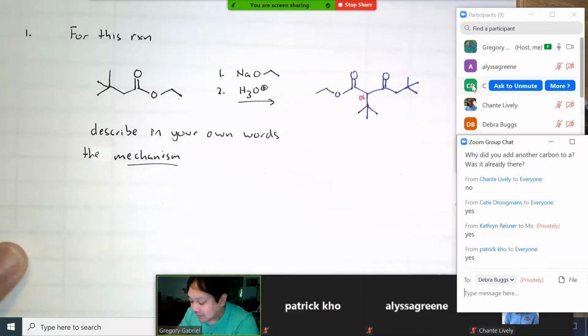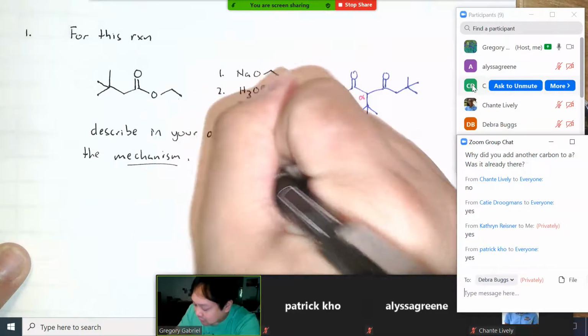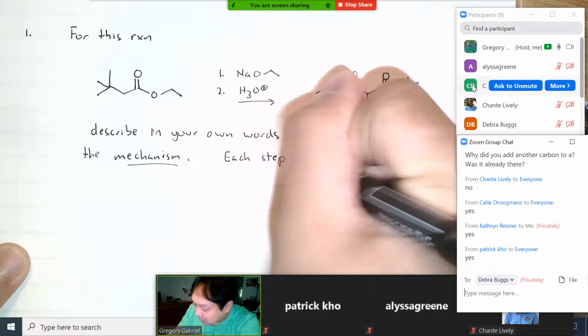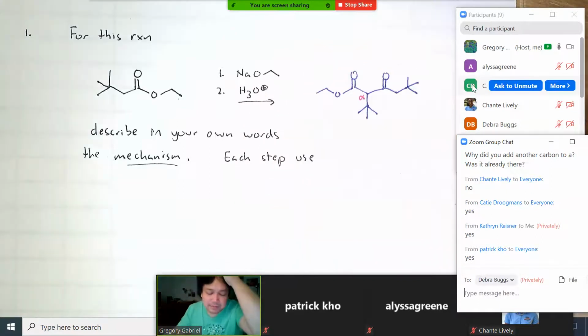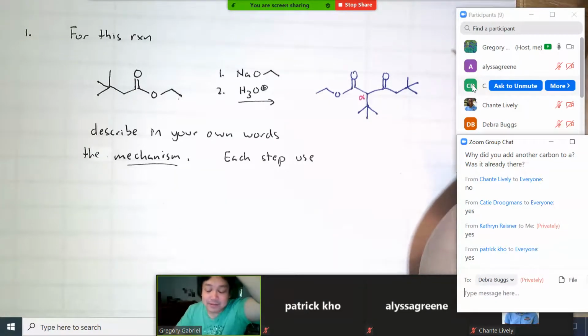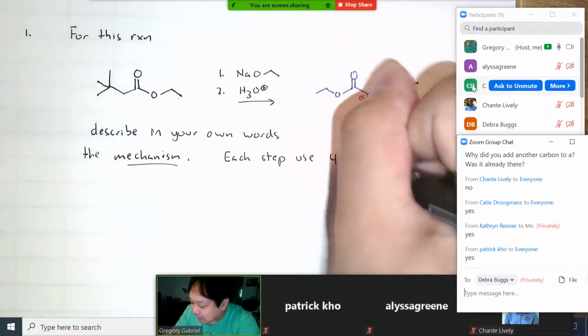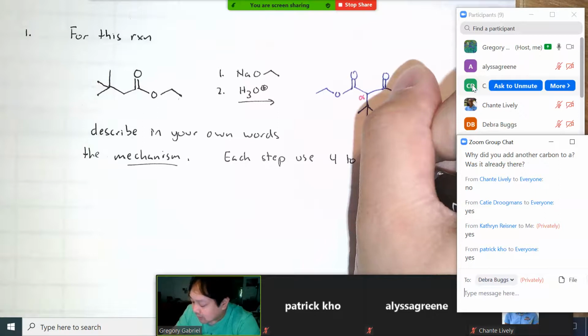Here are the stipulations. Each step. For me, there's a lot of internal talk when I take an exam, and I'm wondering if other people learn that way. Do they talk themselves through a problem? So for each step, use 4 to 10 words.